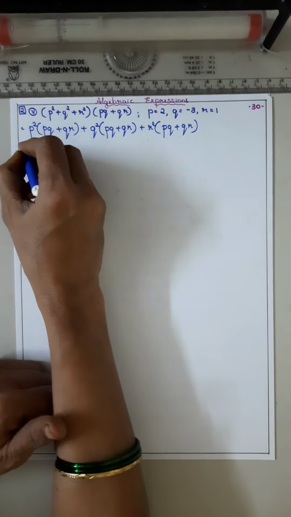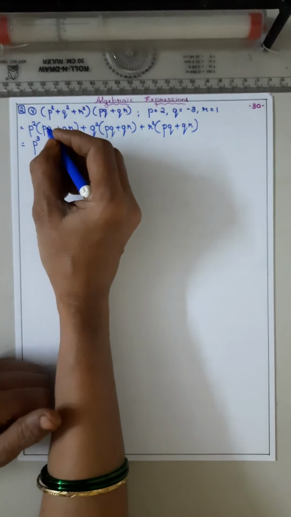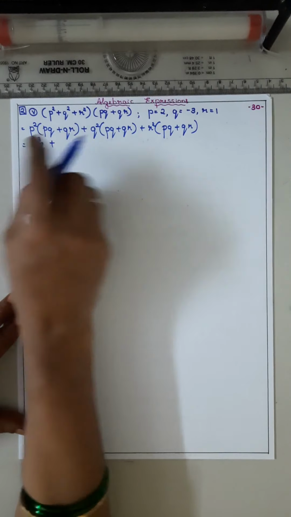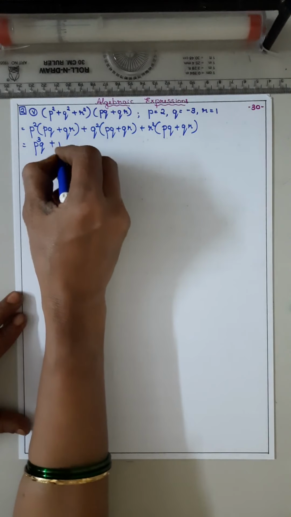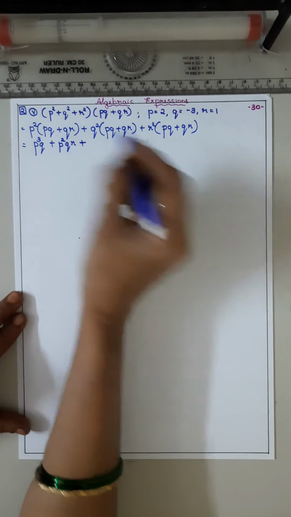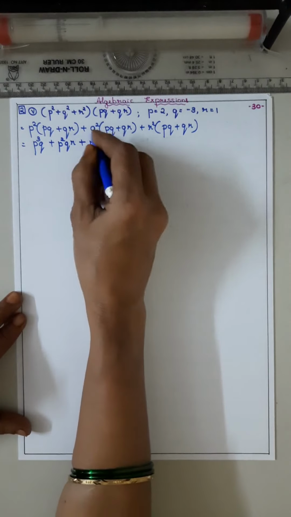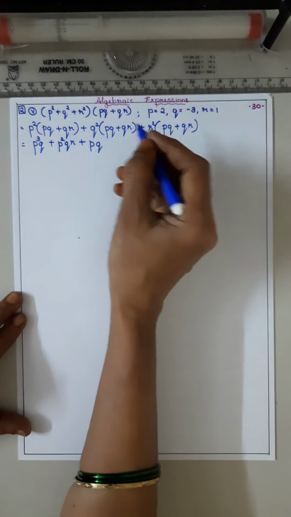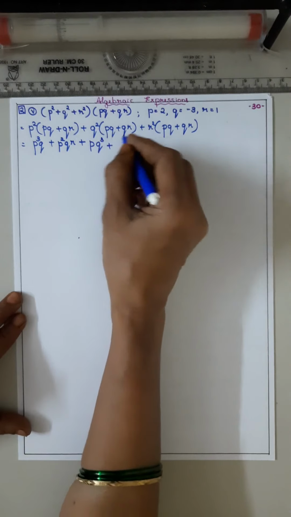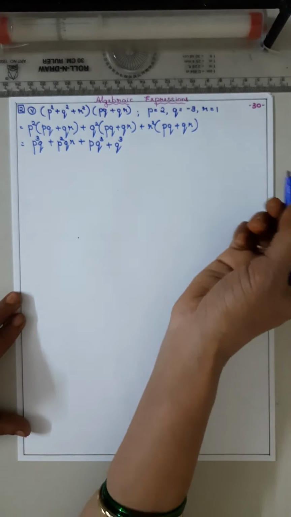Now P squared P means P 3 times, that is why P cube Q, plus P squared, then here P is not there, so QR, plus here P only one time, Q 2 and 1, that is 3, plus Q 2 times and 1, that is 3.